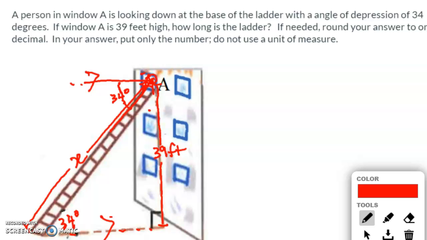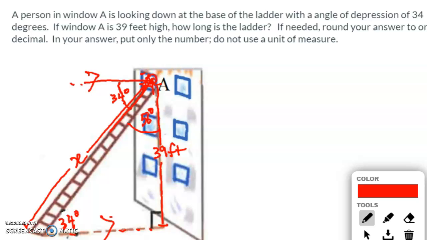Or another way of looking at it: I know that this is 90 degrees because the horizontal and vertical lines are always going to make 90 degrees. So this angle is going to be 90 minus 34, so that's going to be 56 degrees.